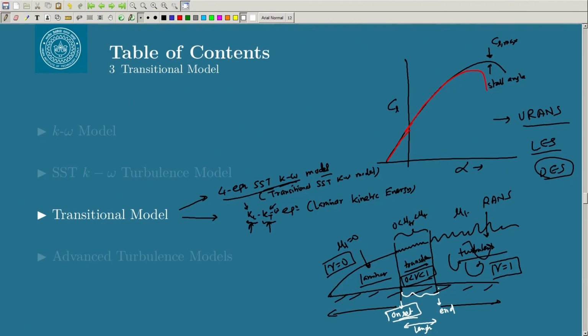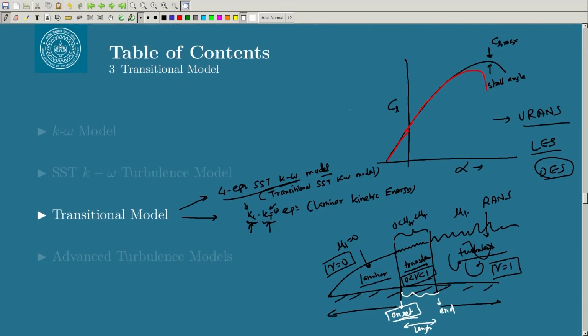Maybe the free stream intensity is high, there is turbulence in the background, and because of that your transition will not be natural, but it will be accelerated, okay. It may be so accelerated that it goes to a stage called the bypass transition. That means this entire region that you are seeing may be very small or may not exist, I mean may not exist to your eye, it becomes turbulent in a very small region. So, that is called the bypass transition.